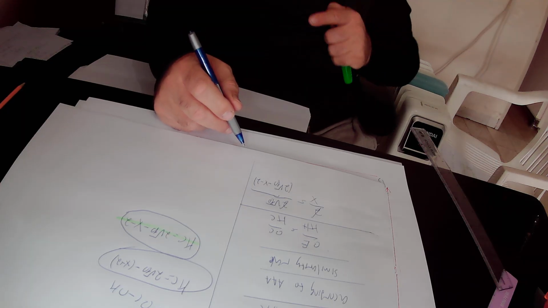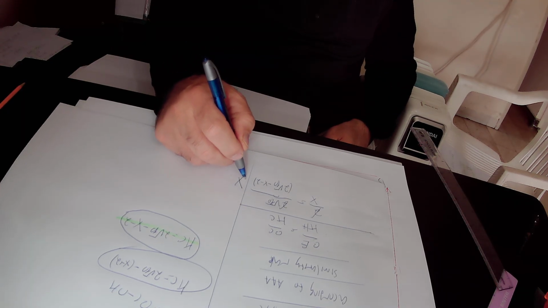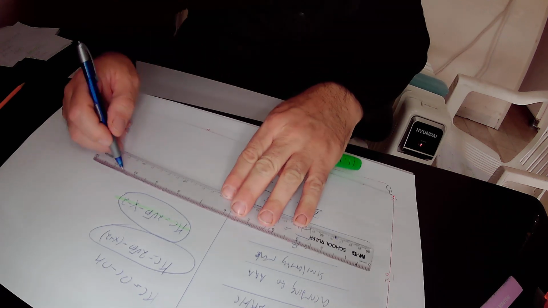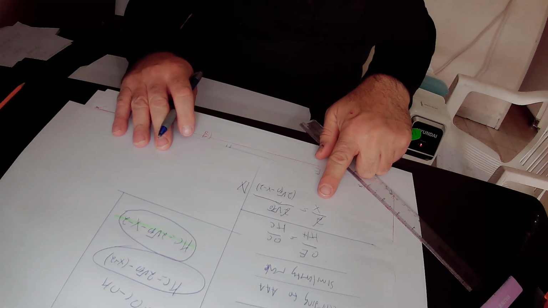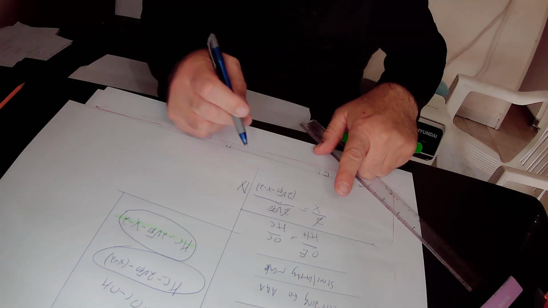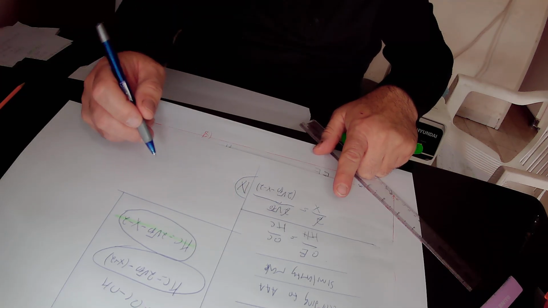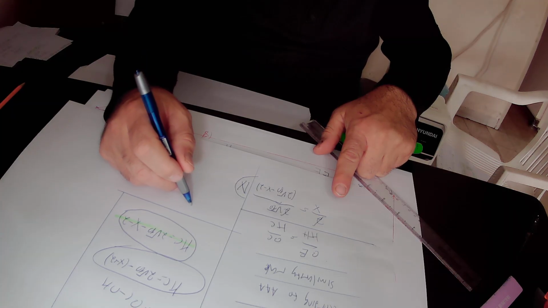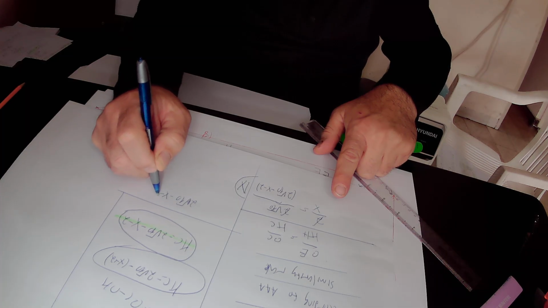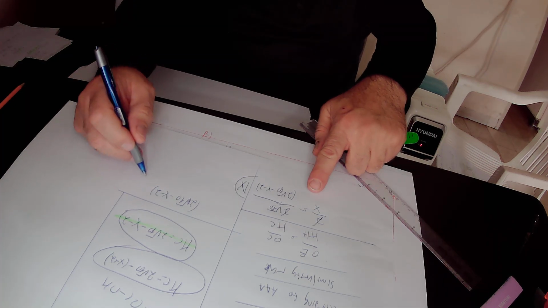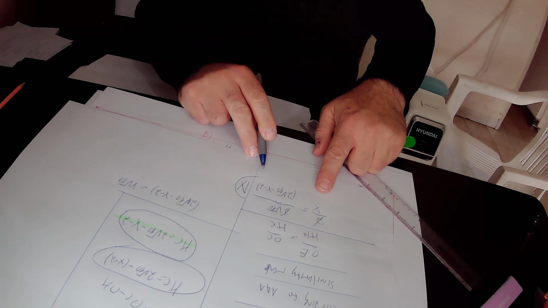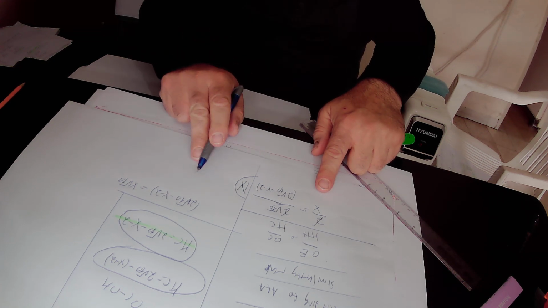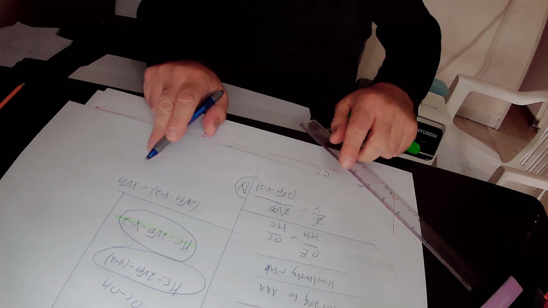After we cancel 2, we cross multiply this equation, and we get 2 times square root of 10 minus x minus 2 equals x times square root of 10.